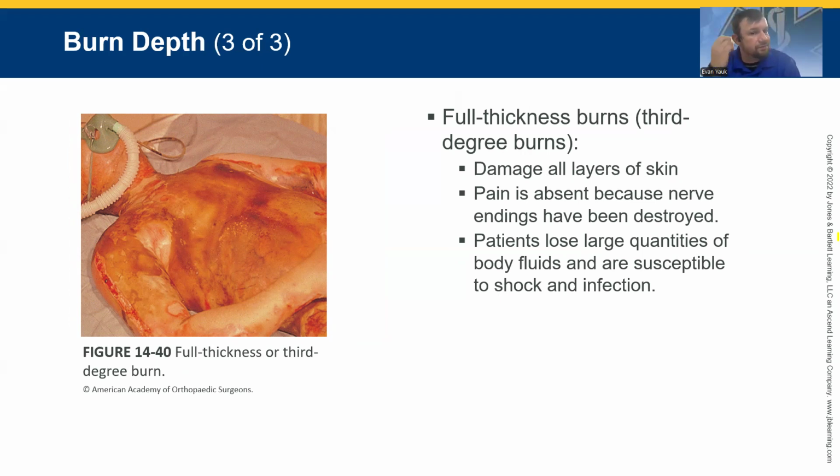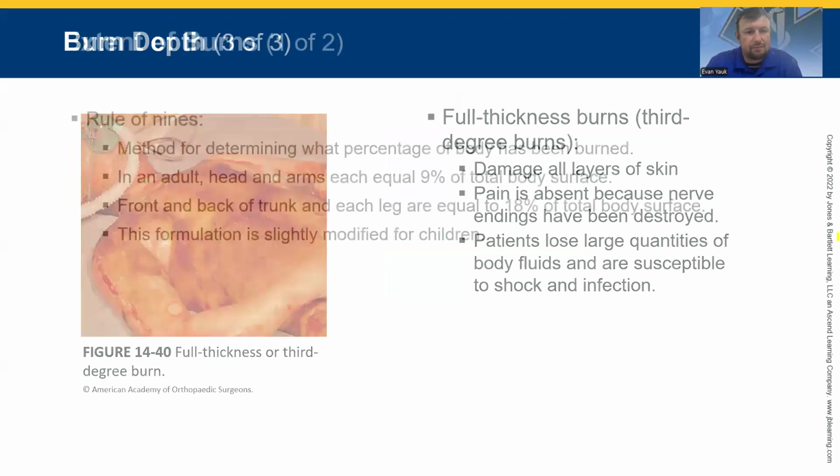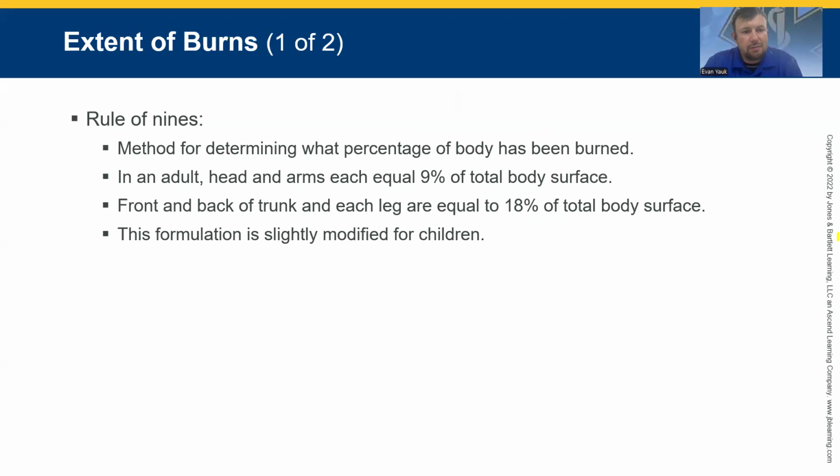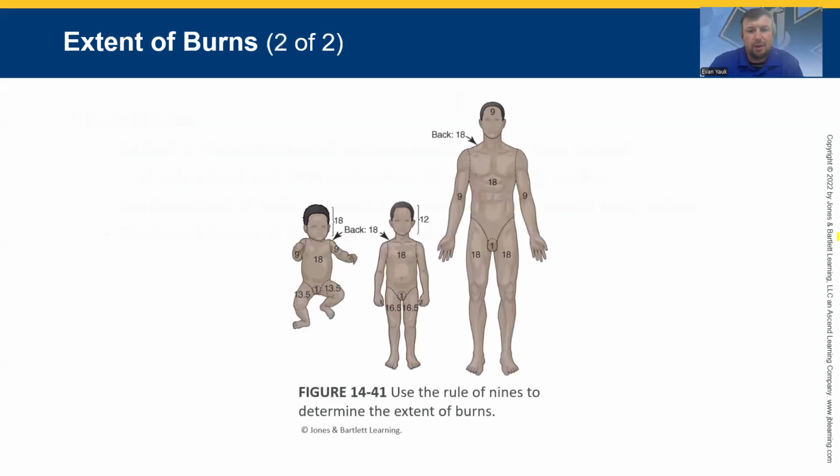The extent of the burn, so rule of nine, which I hope there's a picture on here. There we go. So rule of nine, you don't necessarily have to know this perfectly, but you need to have a good idea of it. And I'm going to advertise here for a minute for Amazon. This right here, that's my rule of nine. I know it's kind of hard to see on my camera.